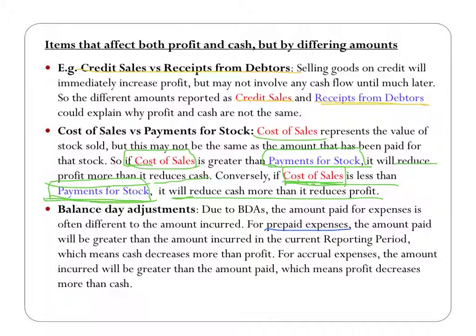You are paying the dollar amount in advance. However, you have not yet incurred or consumed all of the expenses yet, so the amount paid will be greater than the amount incurred in the current reporting period. Which means cash decreases more than profit.